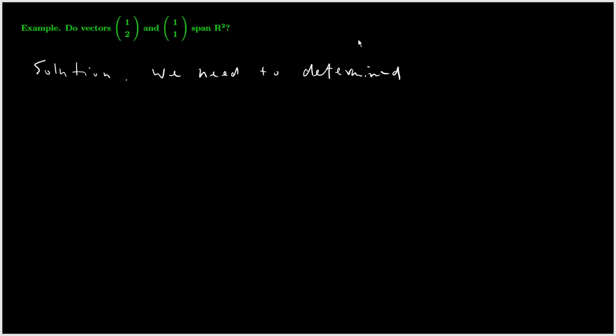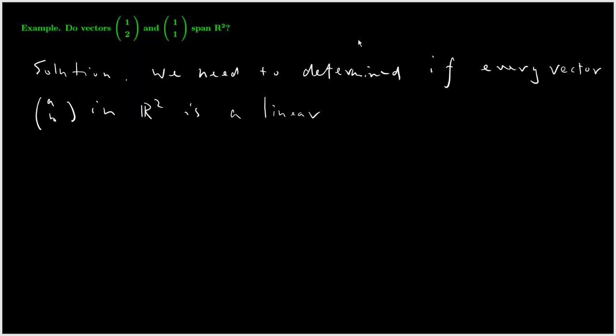We need to determine if every vector, so now let's say (a, b) in R2, is a linear combination of the two given vectors.